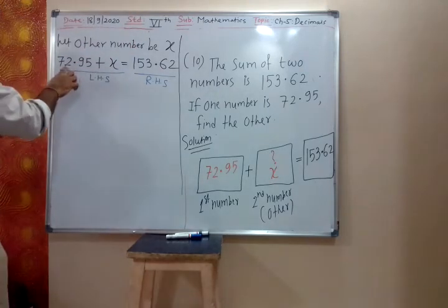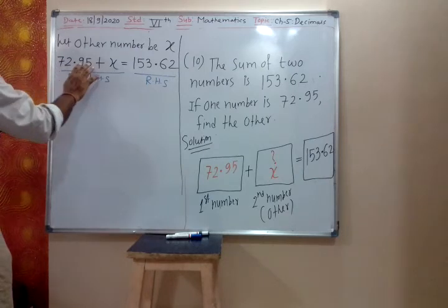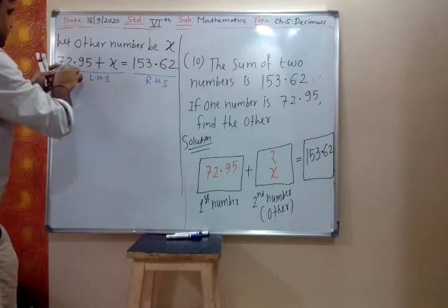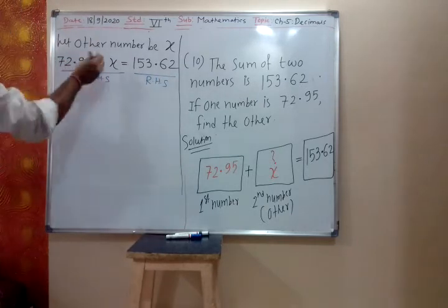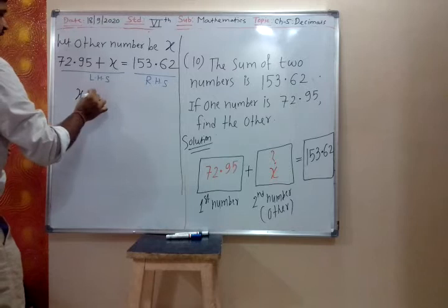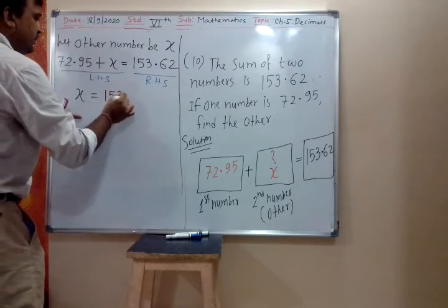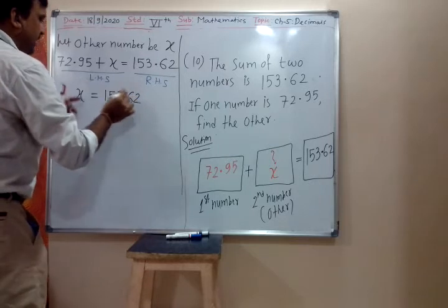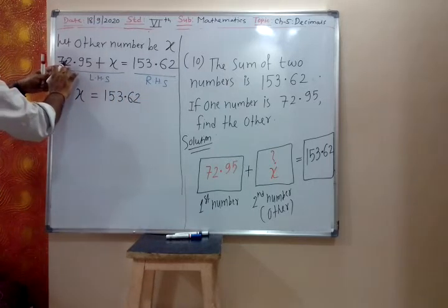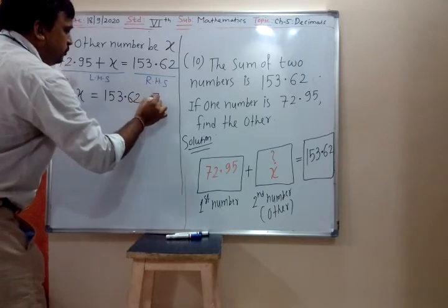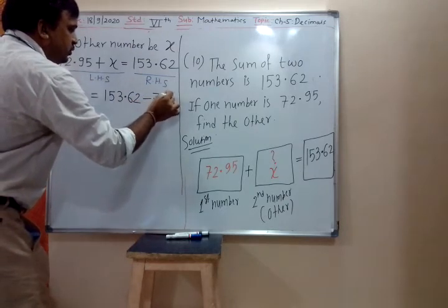Now we take 72.95, which is on the left side. On the right side, this plus becomes minus. So we write x is equal to 153.62 minus 72.95.